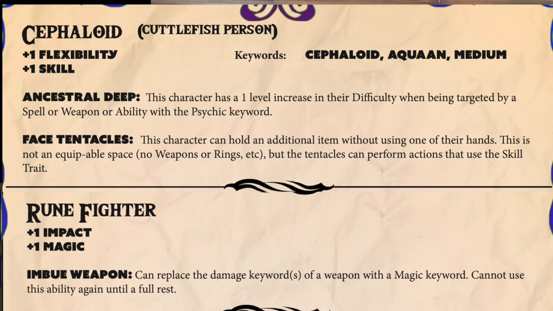It's just an octopus or cephalopod-based humanoid, animalian. And then a rune fighter is someone that puts runes on their weapons or uses them magically.